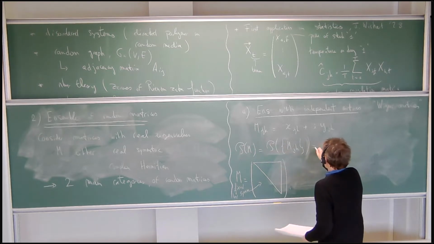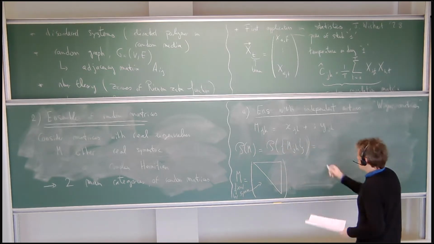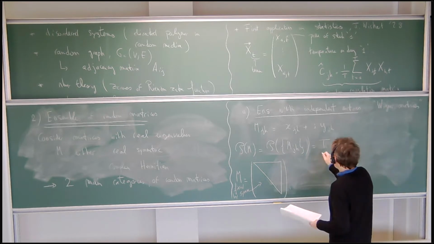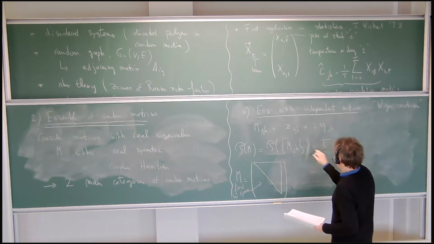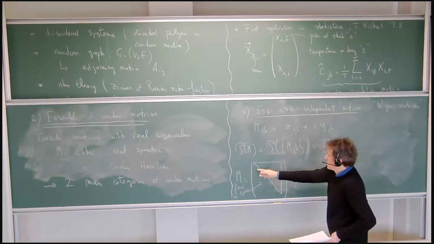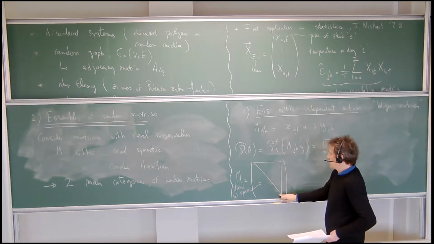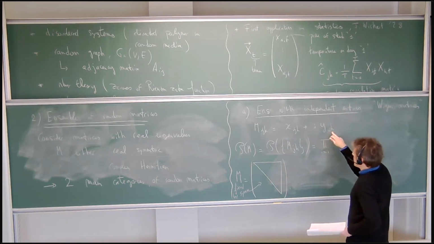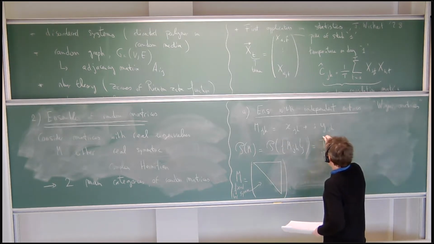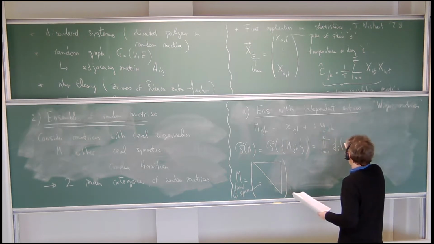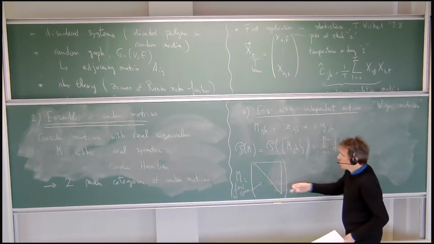So how does it look? What will be the joint law of these entries? Let's first look at what happens on the diagonal. On the diagonal, they all need to be real, so actually y_ii is just 0. So you provide, let me call it f_i, for x_ii. I give you some law for these entries.